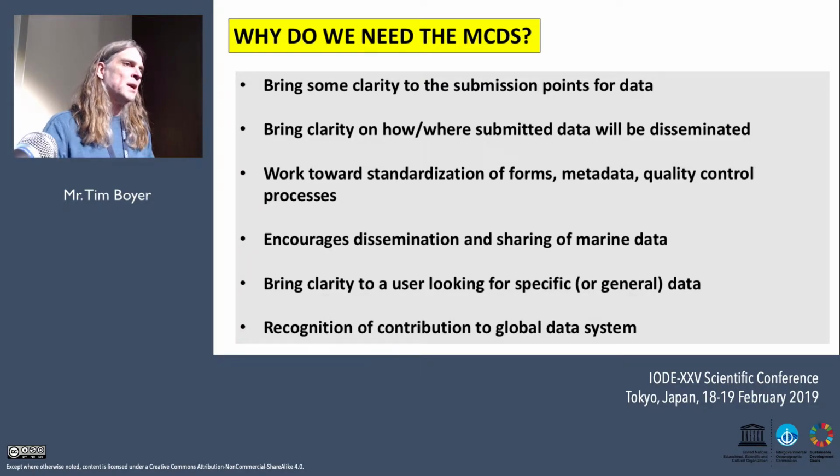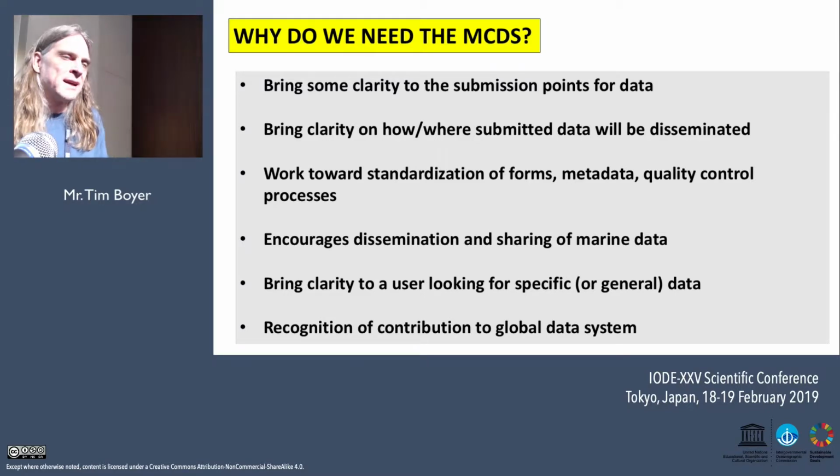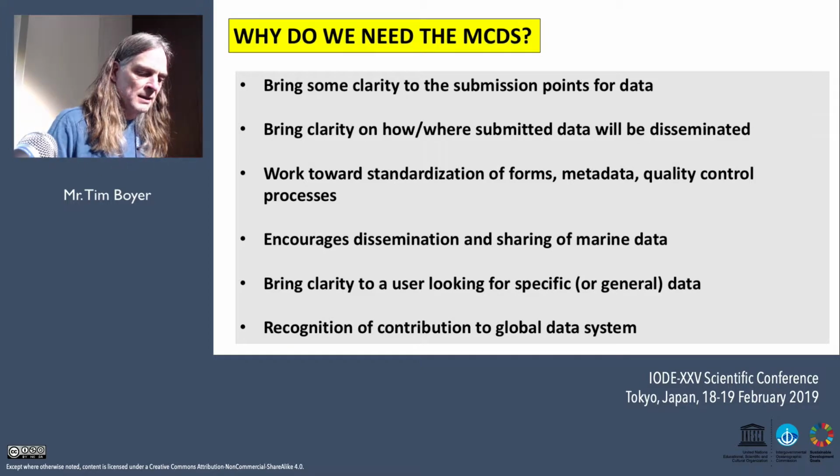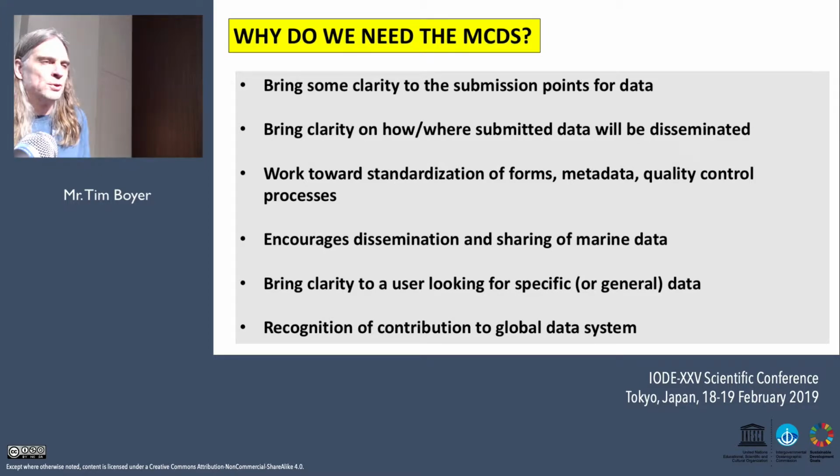If users know where to go to get that data, then it's much easier for them to get data at a regional level from a particular type of instrument, or just all of the data from a particular ocean variable. And that, of course, brings clarity to a user as well, looking for that specific or general type of data.